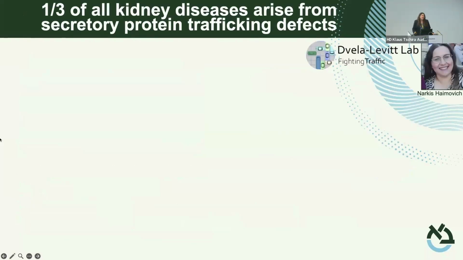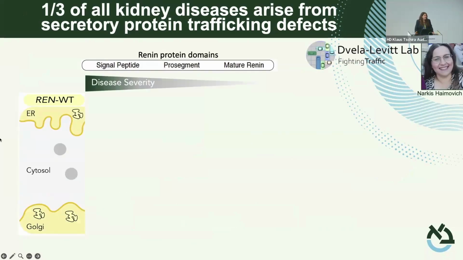Okay, so the first study I'm going to show you is done by Dr. Moran Dvela-Levit and her student Marquis. They study protein trafficking, and especially its engagement in kidney diseases.